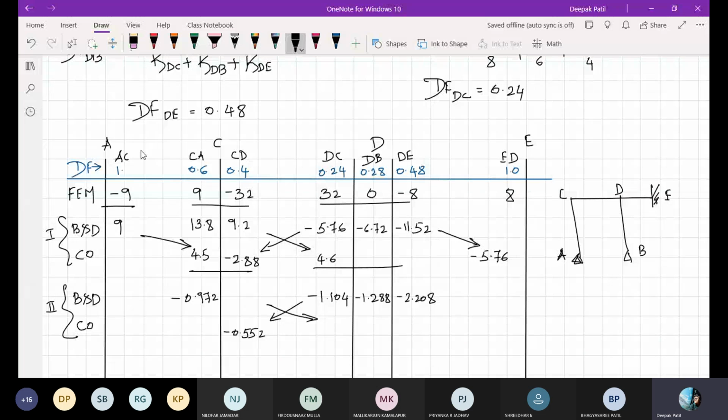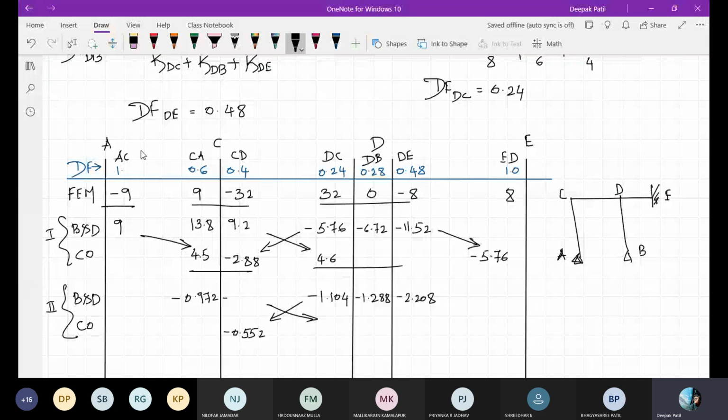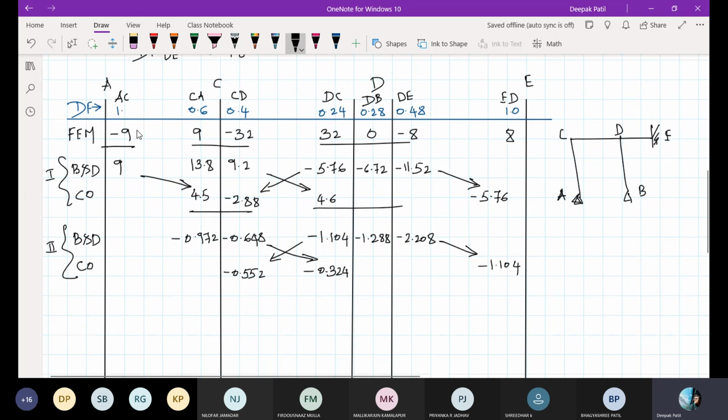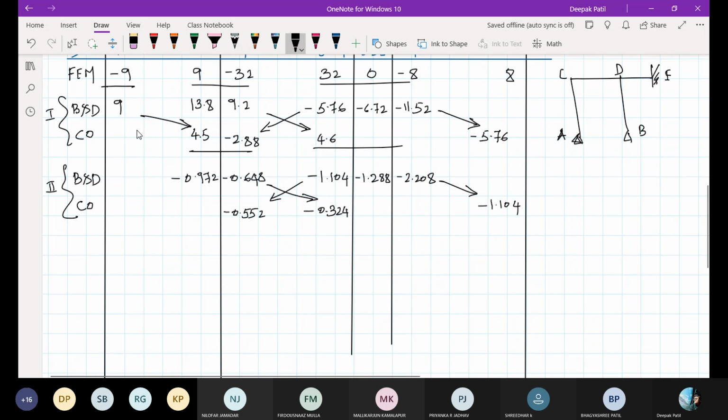So this is -0.648. -0.648 divided by 2 is -0.324. You can carry over from here to here. -1.104. Students, are you clear with this second cycle? Yes or no?